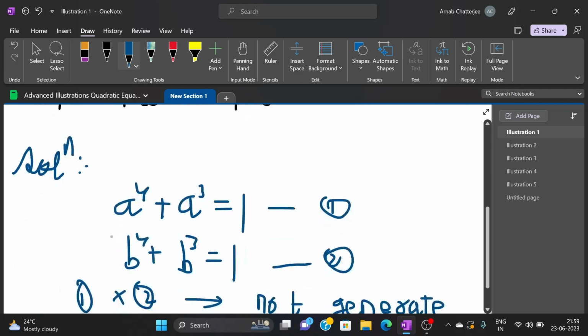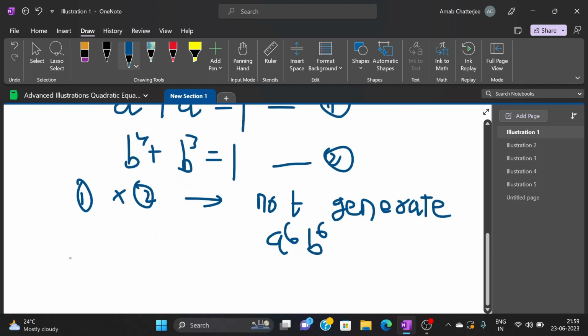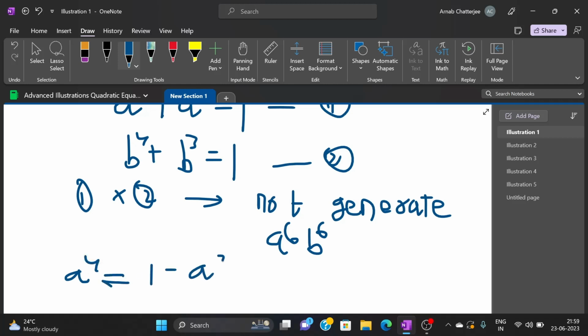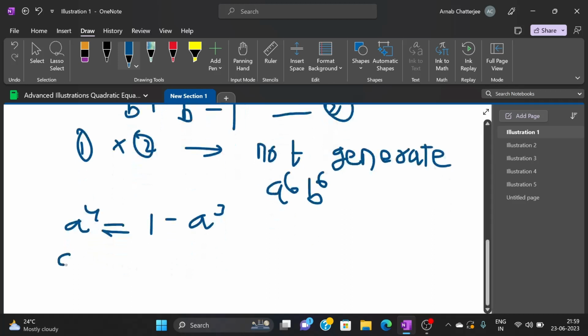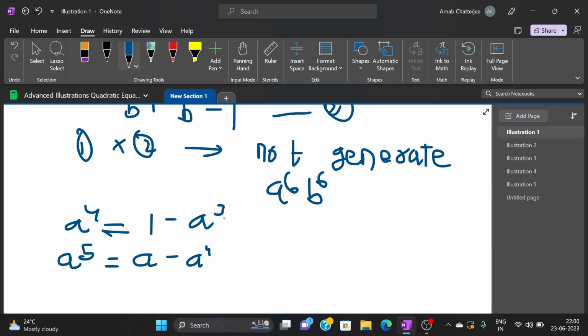The other approach should be reducing it. So we have a to the power 4 equal to 1 minus a cube, and then I multiply it with a, so I get a to the power 5 as a minus a to the power 4, then put it here and continue.